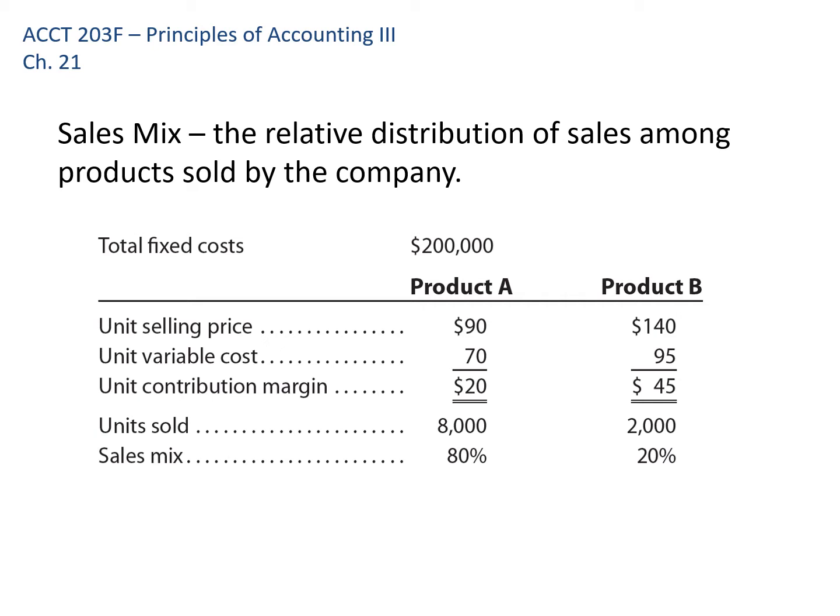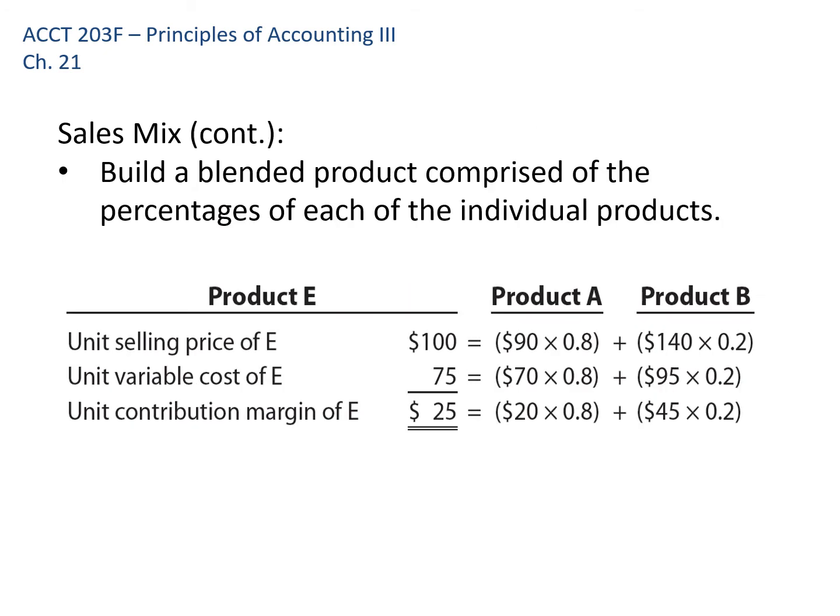So what we want to come up with is a fictional blended unit, which this book calls product E, which stands for enterprise product. We're going to do a weighted average of information for these two products so that we have a single fictional product that we can calculate break even on, and then we can break it out into the two products after that.